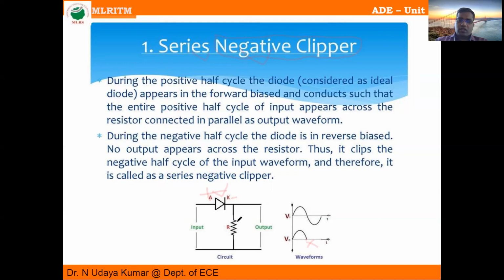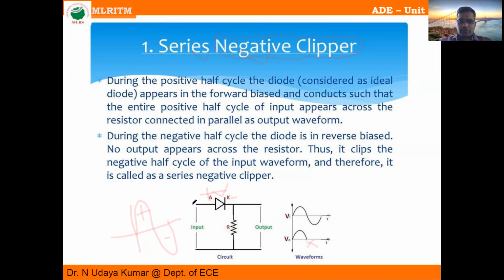This is the load across the output side, this is the load RL. VI is the input. Whenever input is given, this one is the positive half, this one is the negative half.